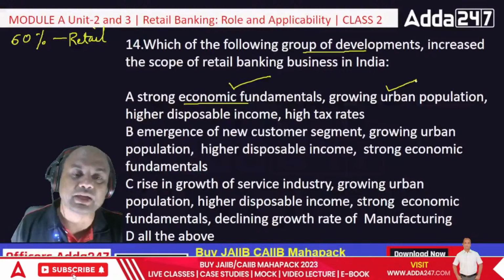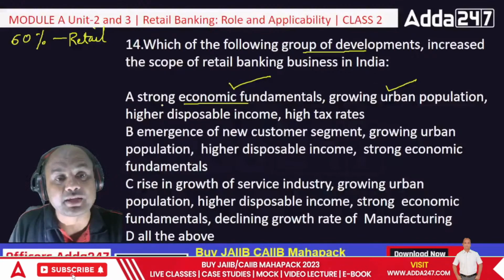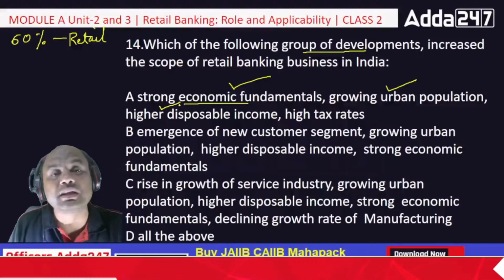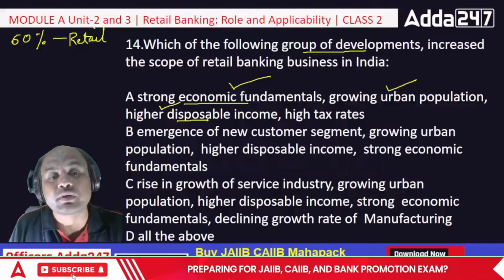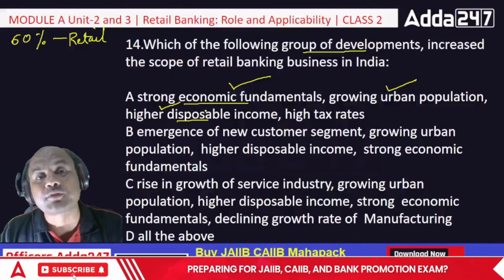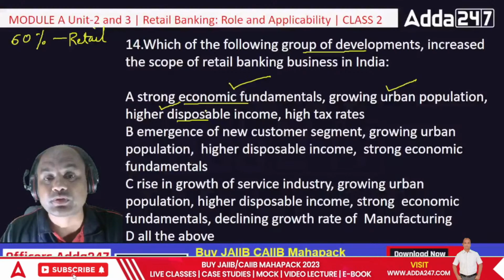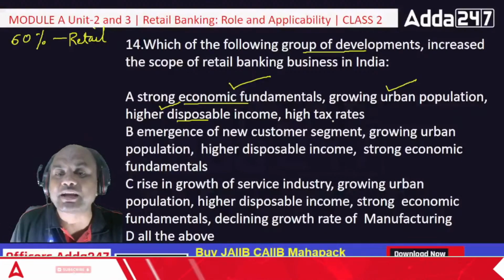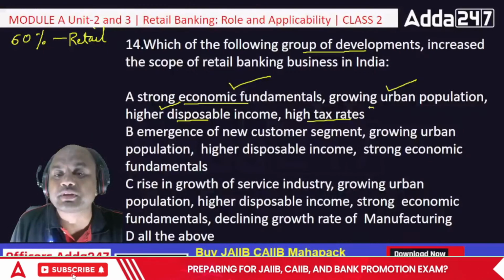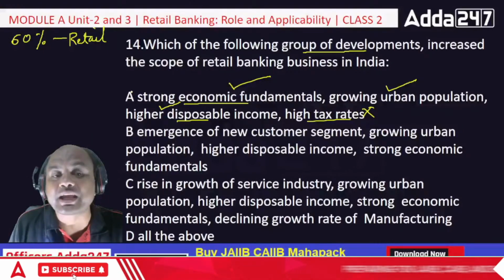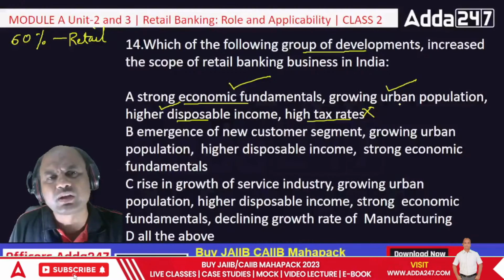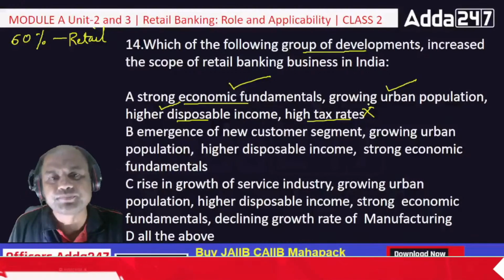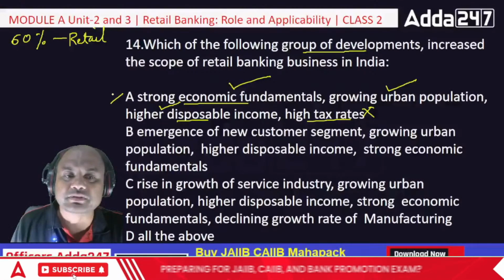Higher disposable income, that is also happening. People are getting more money in their pockets now. Disposable means whatever remains in my pocket after all my expenses. So that is happening. But this is the wrong answer. High tax rates, that is not the point. So A cannot be the answer. We don't have high tax rates. So that is the wrong answer.